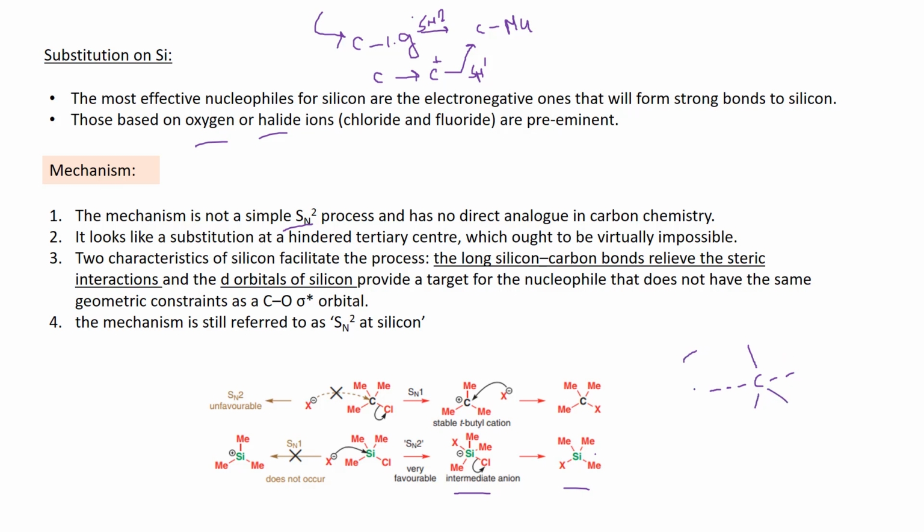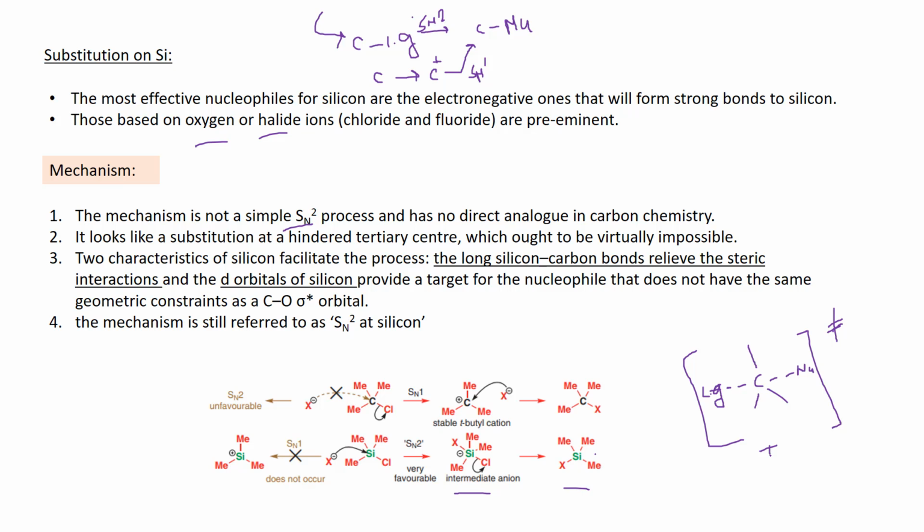This is called a transition state, and it is always shown in a third bracket with a dagger sign. So this is an imaginary complex. There is no such thing; these complexes can't be isolated or trapped. So they are called transition states.